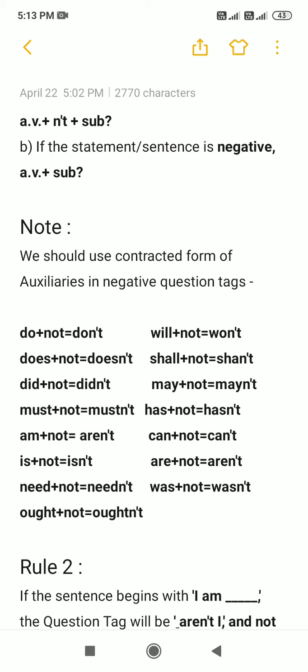Must not becomes mustn't. Am not becomes aren't. We cannot write am not because there is no contracted form of am with not. Is not, isn't, need not, ought not, will not, won't, shall not, shan't, and likewise has not, hasn't, cannot, can't.